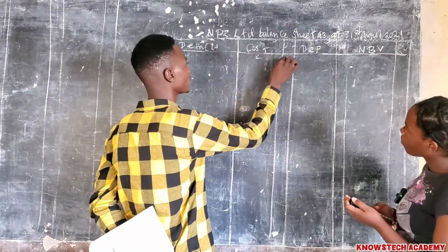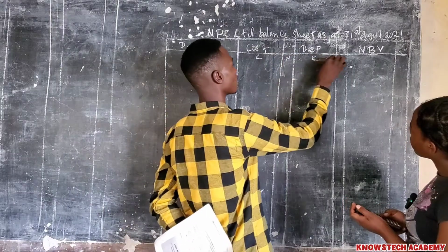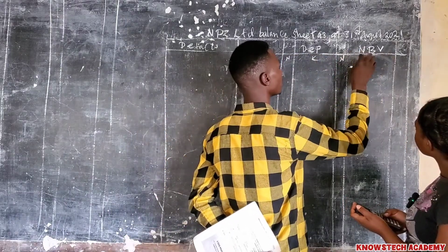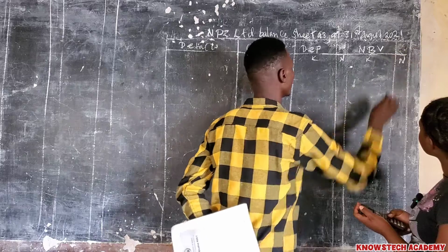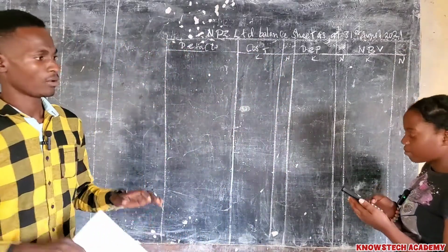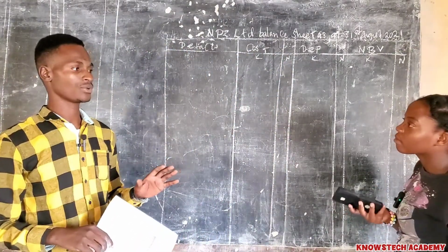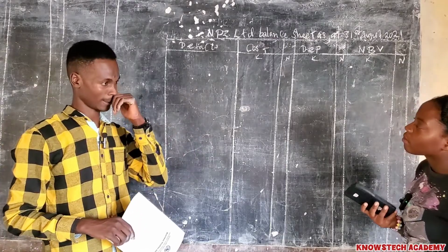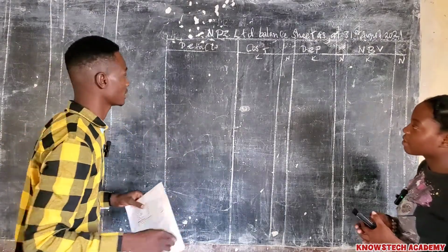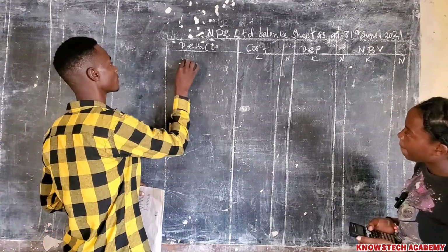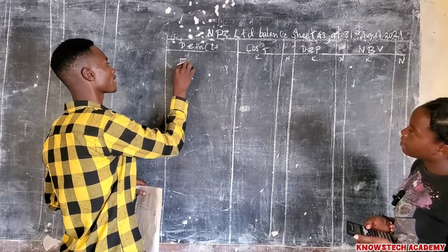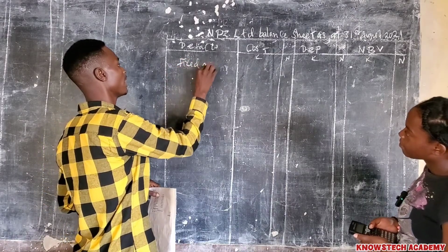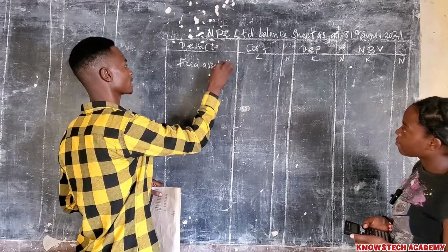This is kwacha, then ngwe, kwacha, then ngwe. Then what category of items do we start with in the balance sheet? Fixed assets. Very good. So we write fixed assets.